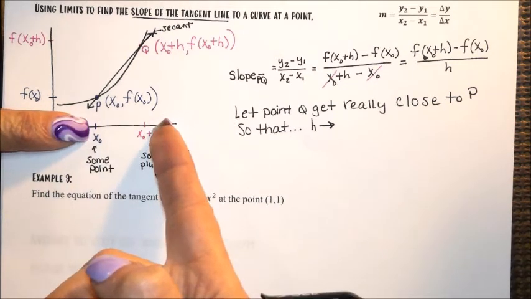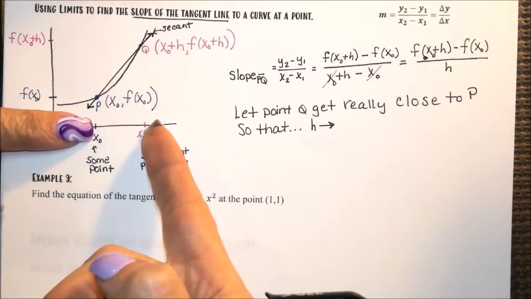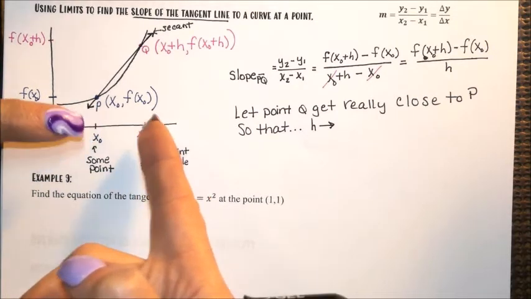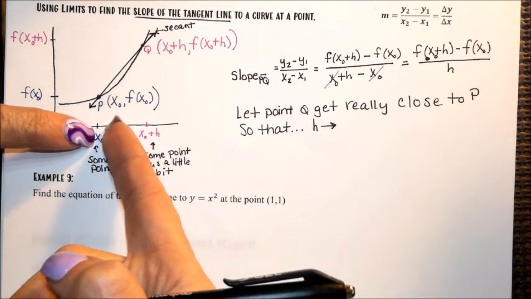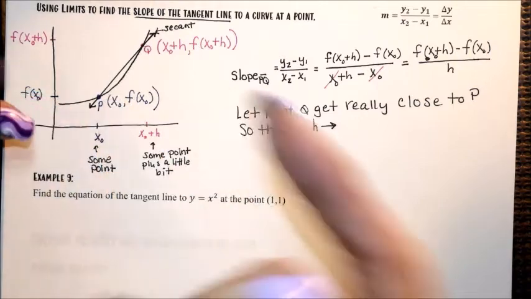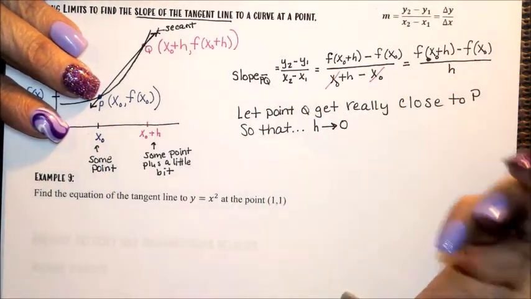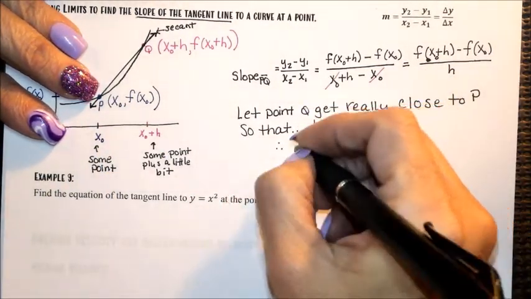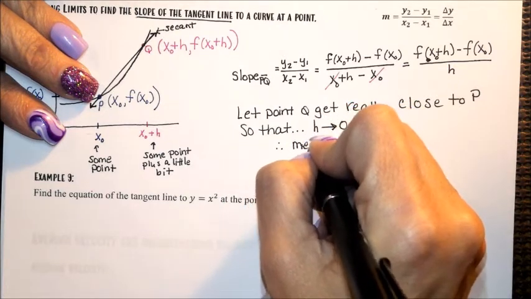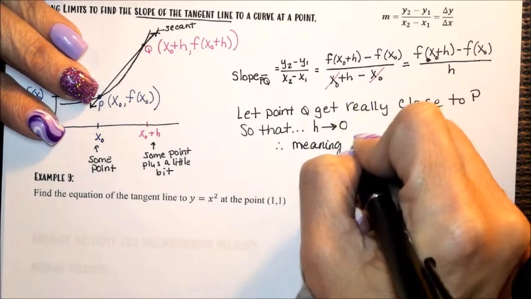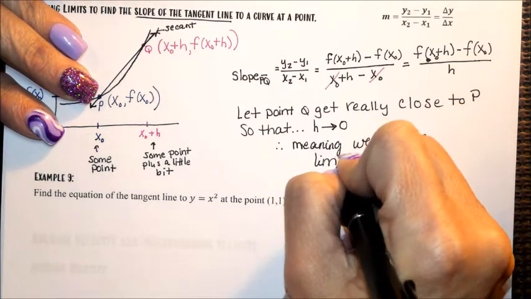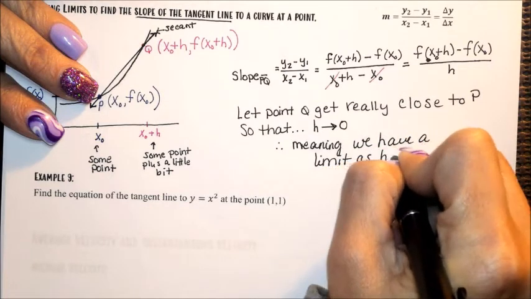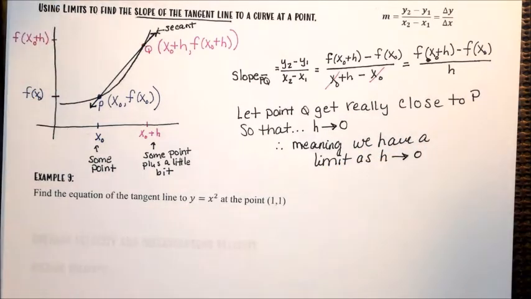If this distance were 10, and then we shorten it to 9, then 8, 7, 6, 5, 4, 3, 2, 1, and then 1 and a little bit, halfway, 3/4 of the way, it's approaching 0. Meaning we have a limit as h approaches 0.